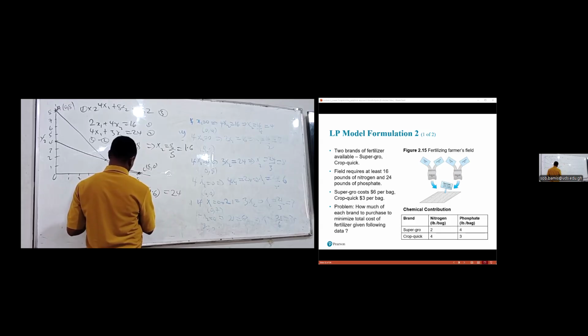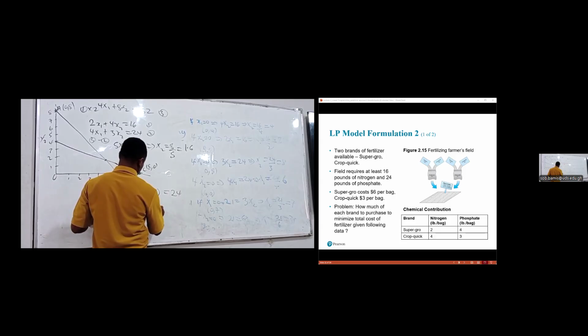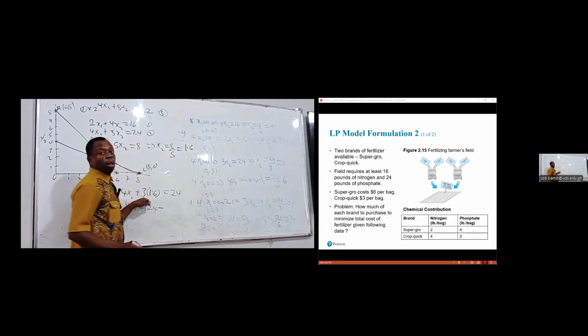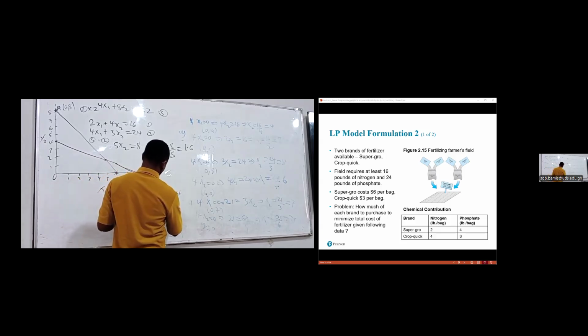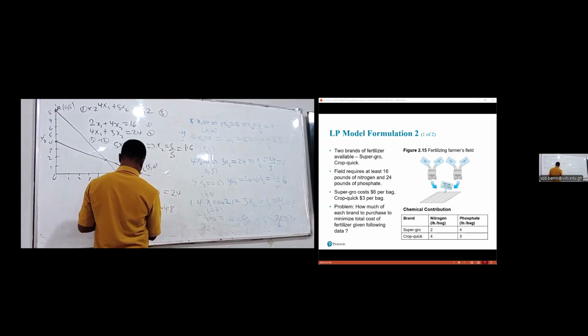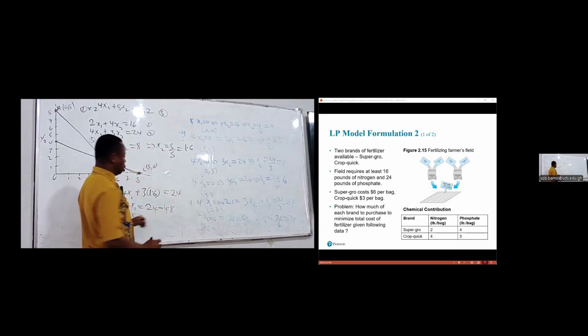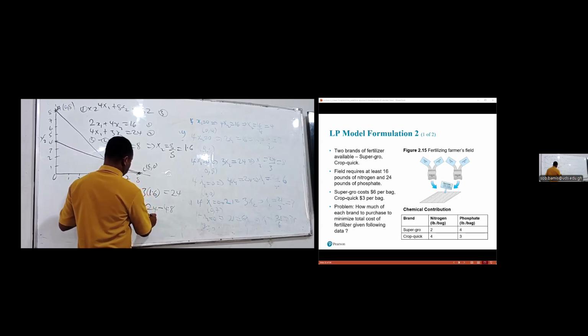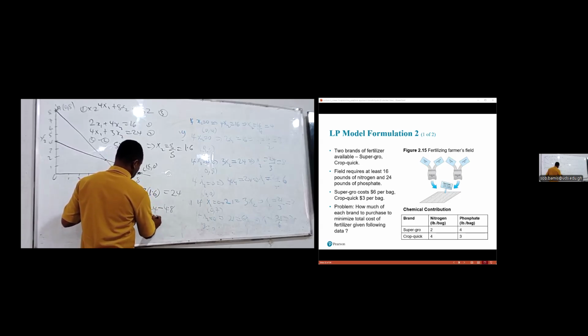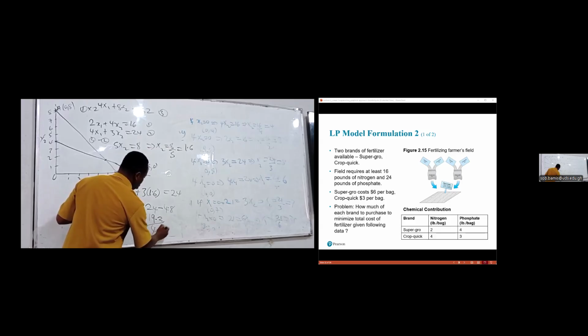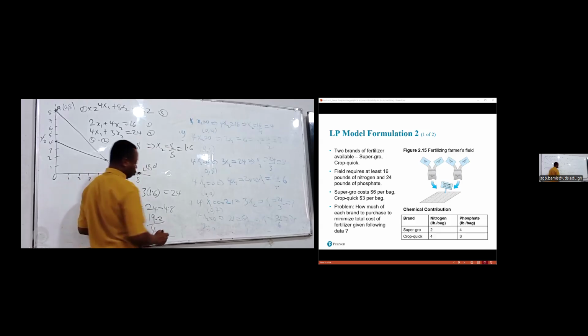So 4x1 is equal to 24 minus 4.8. So x1 will then be equal to 19.2 divided by 4.